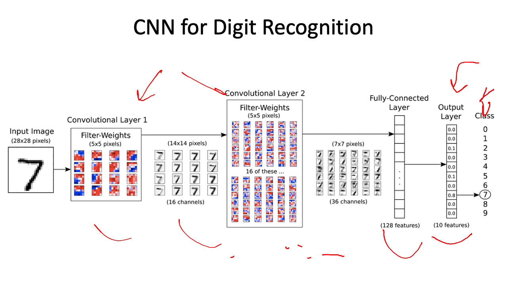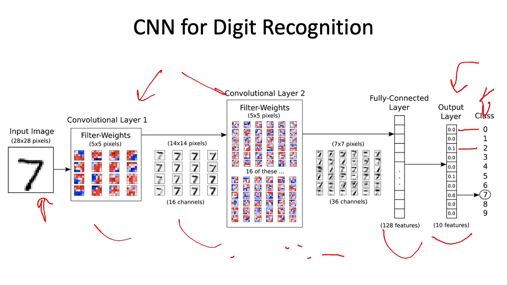In the case of MNIST, which is the handwritten digit recognition problem, we have 10 classes, since the digits are 0 to 9. The model will give you the probability that this input belongs to each class: for class 0, it's 0 probability. The probability that it belongs to class 2 is 0.1.